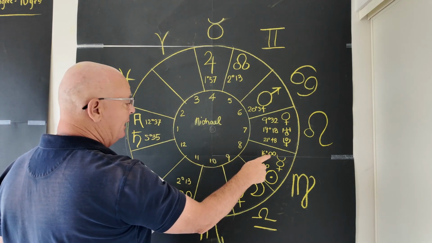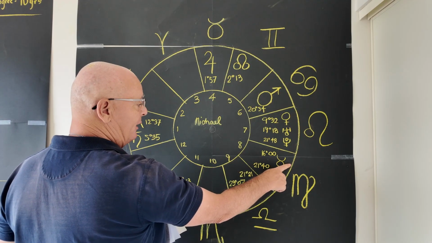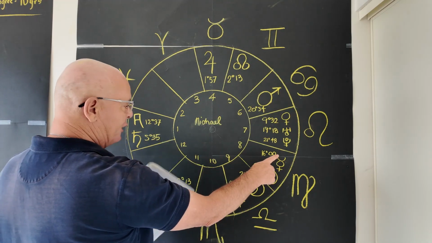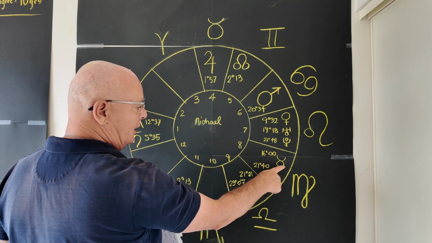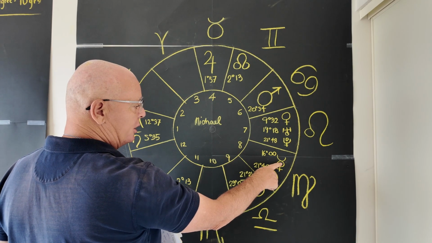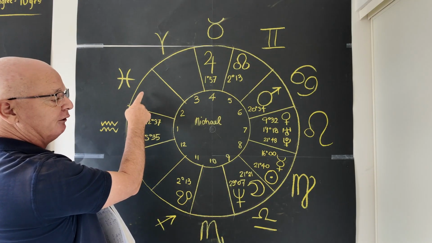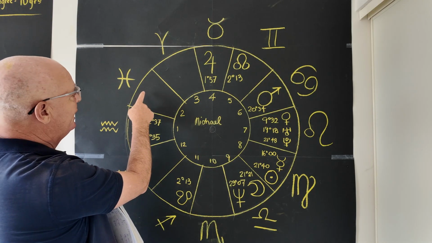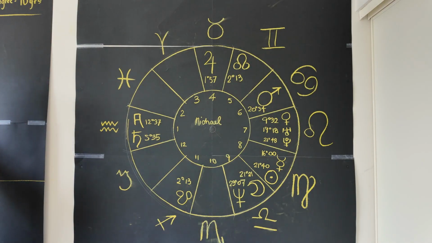The MEP is at 12 degrees 37 minutes of the 8th. If you add 3 degrees 23 minutes, the MEP will come to Mercury. And Mercury is also making an opposition to the most effective point, MEP of the 2nd. And that's a 3 degree 23 minute orb.